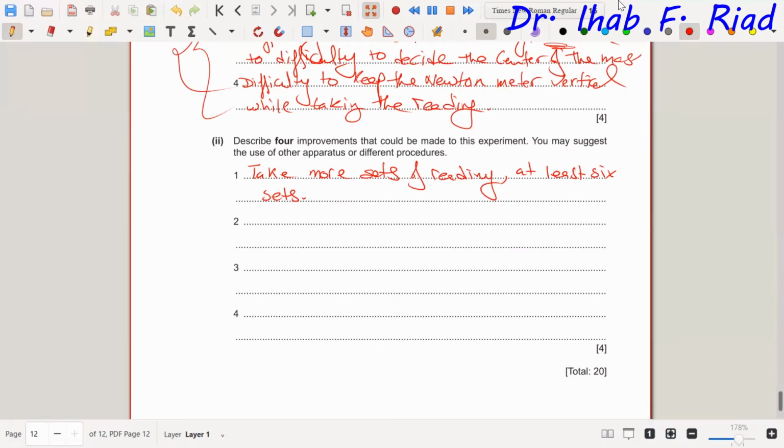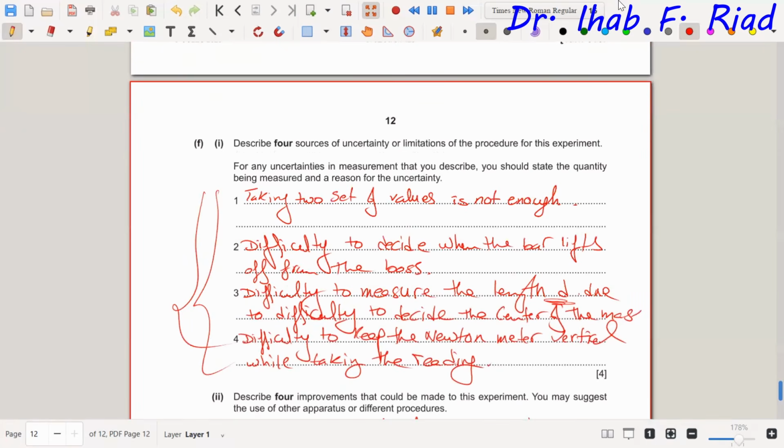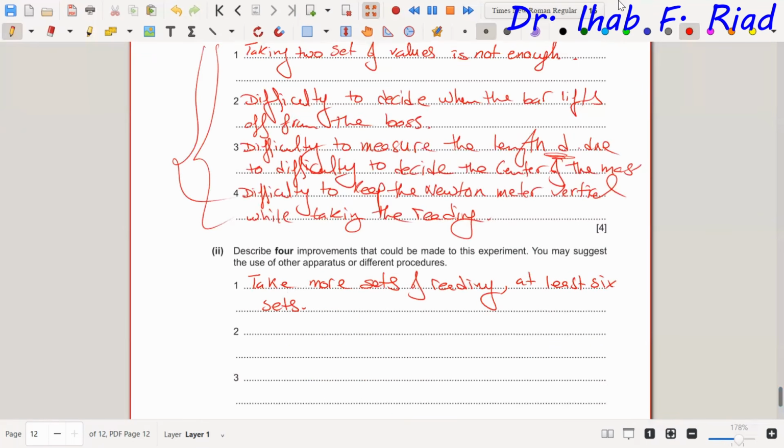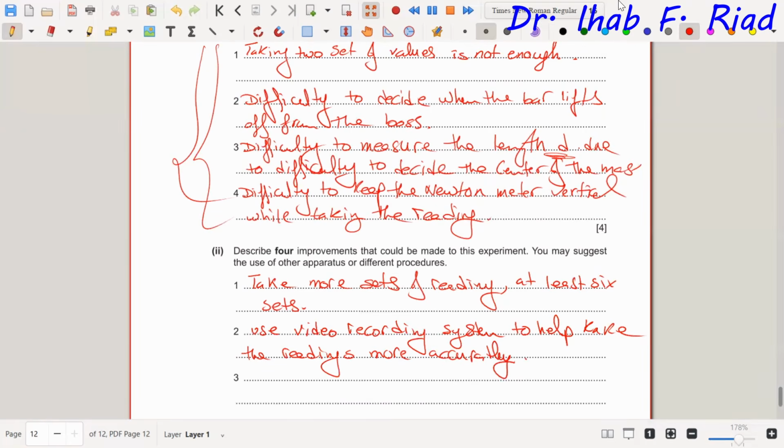When we have difficulty deciding when exactly the bar lifts from the boss, we can say use a video recording system to help take the readings more accurately. Okay.